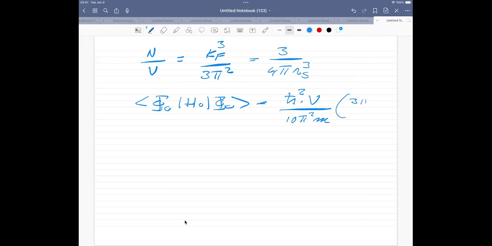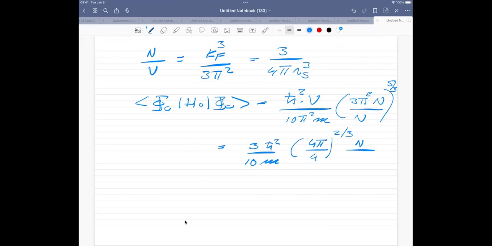And then I have 3 pi squared times the number of particles divided by V, now just replacing the Fermi level, to the power of 5/3. And this is then given by 3 h bar squared over 10m, and then I have 4 pi divided by, it's actually divided by 4, to the power of 2/3. And then I have N divided by rs cubed.